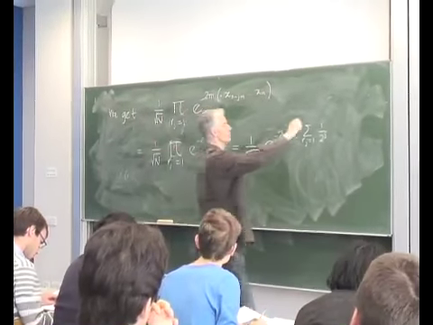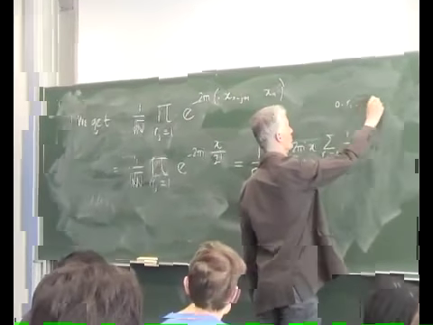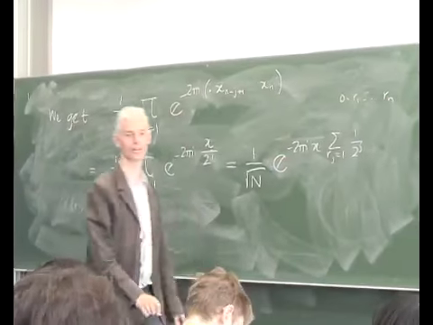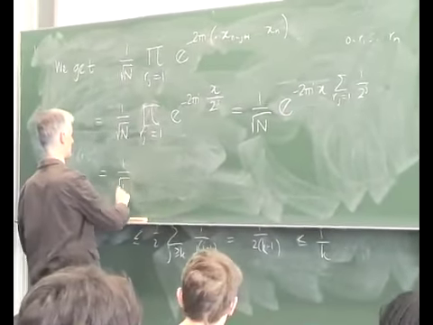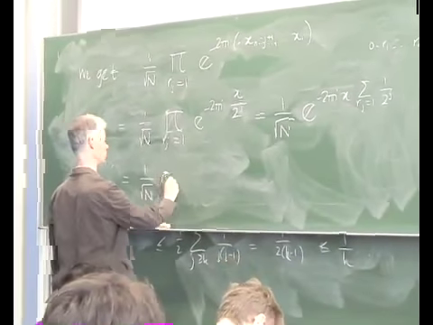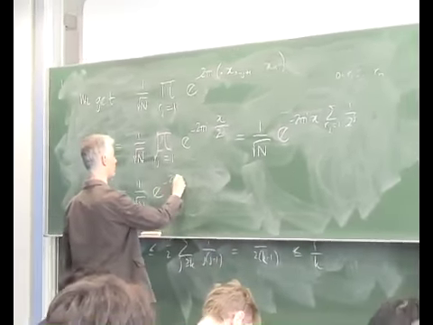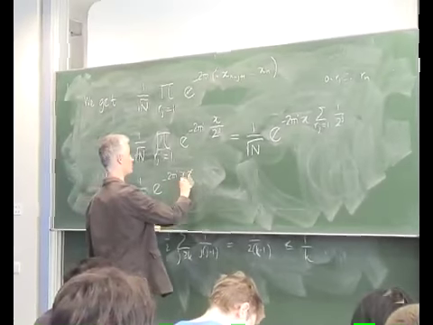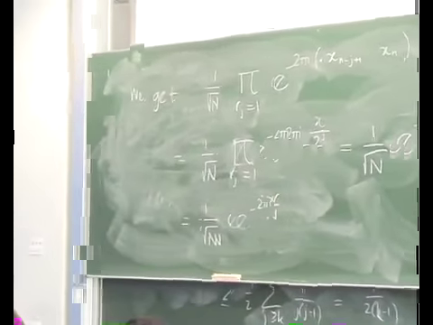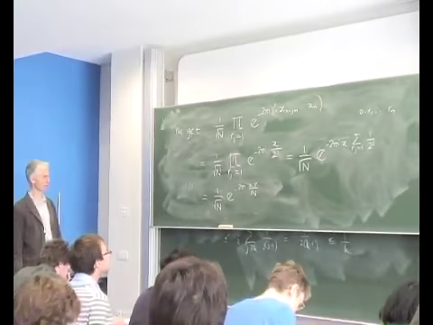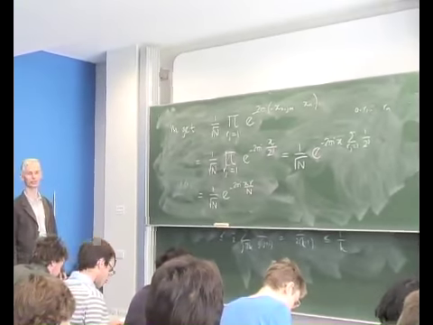That number is exactly 0.r1 up to rn. So this is 1 over root N e to the minus 2 pi i x times r. There's a capital N, because capital N was 2 to the n, which is exactly what we want.